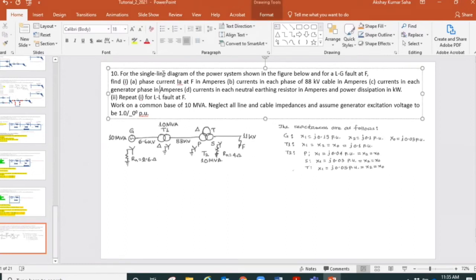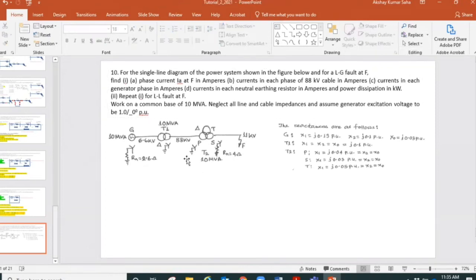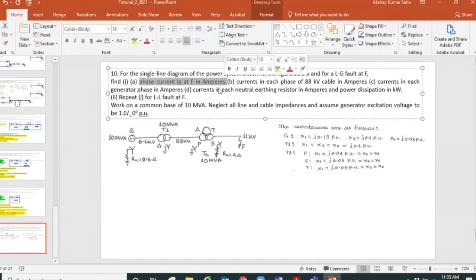Now we are coming to the problem. It says the single line diagram is shown in the figure, and we have to consider a fault at F, a single line to ground fault, right? So it says, find out the phase current IAF in amperes, like we did in the previous one. Currents in each phase of the 88 kilovolt cable, and we have to find out the currents in each generator phase, three-phase generator, in amperes.